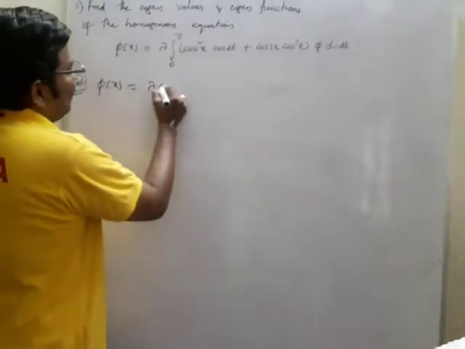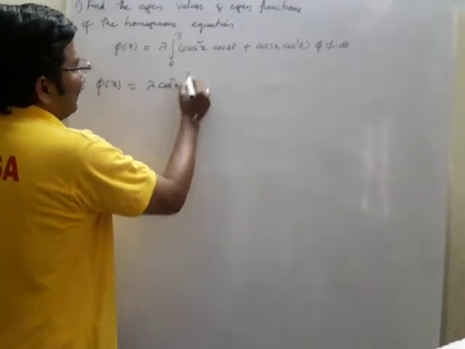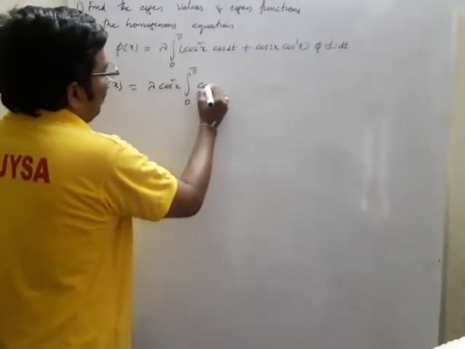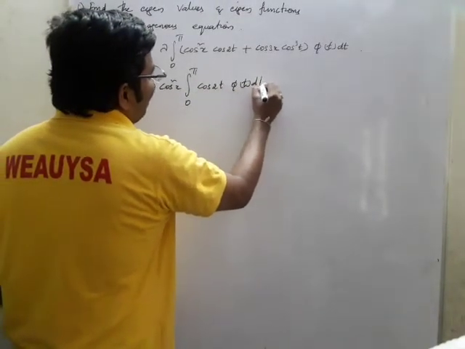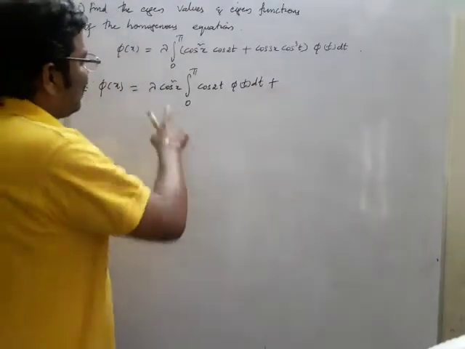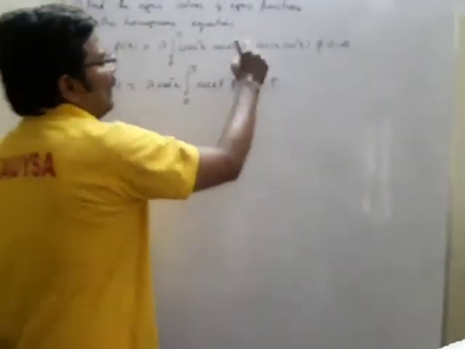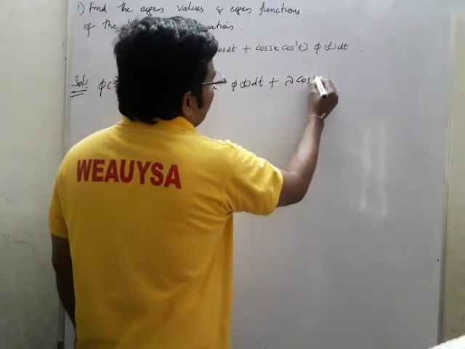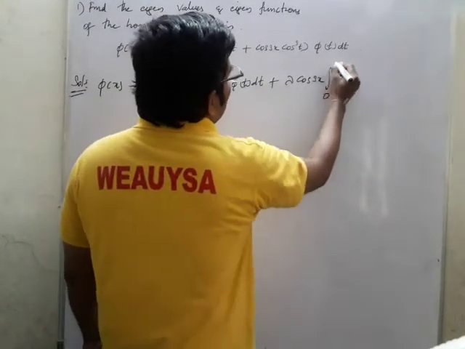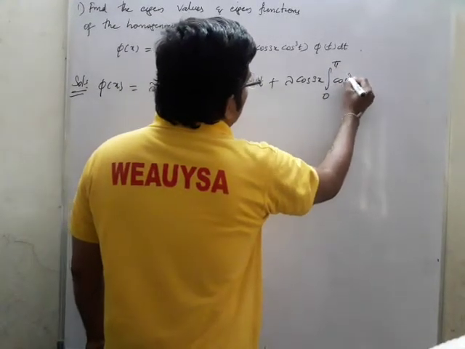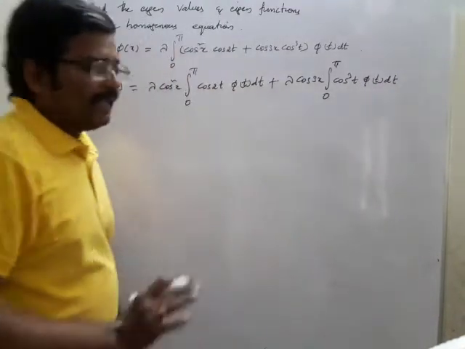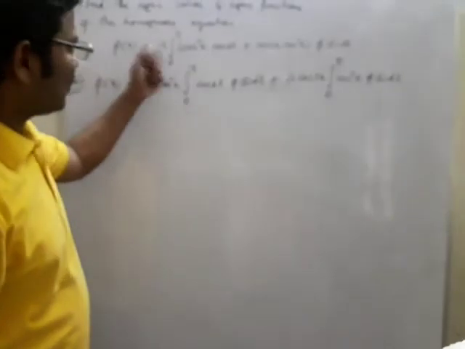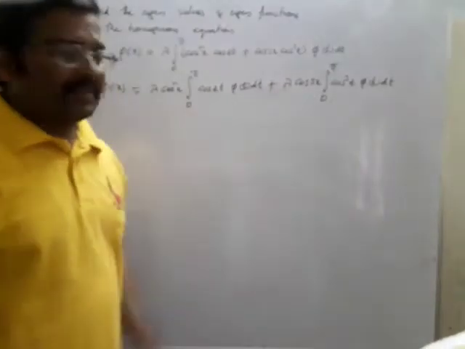So lambda cos square x integral 0 to pi cos 2t phi of t dt plus lambda cos 3x integral 0 to pi cos cube t phi of t dt. I have simply taken lambda cos square x outside and lambda cos 3x outside.